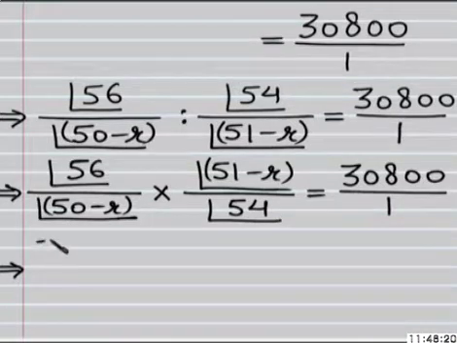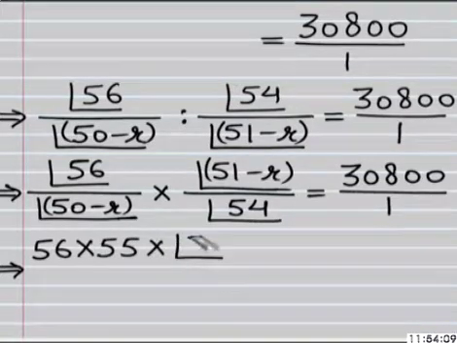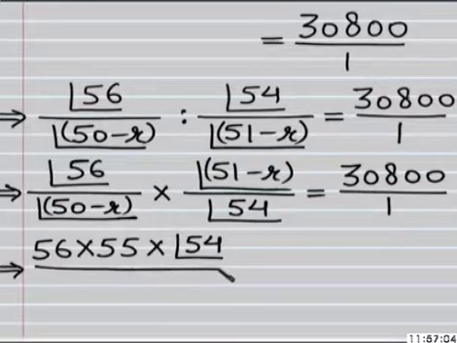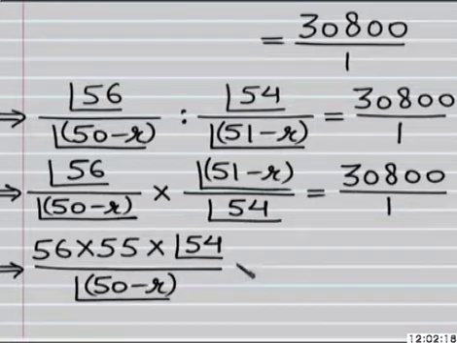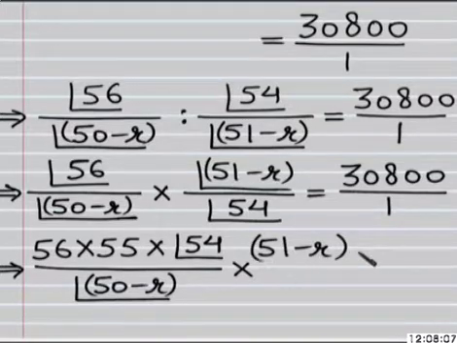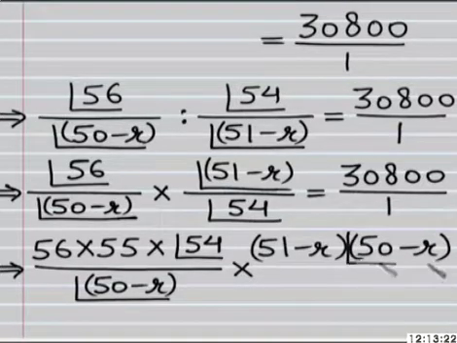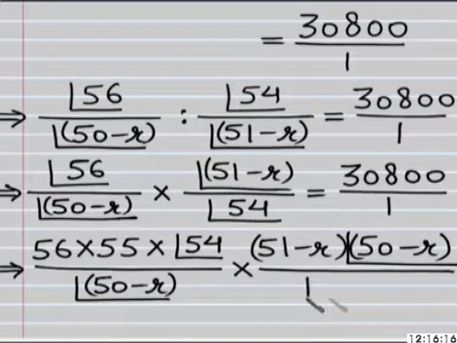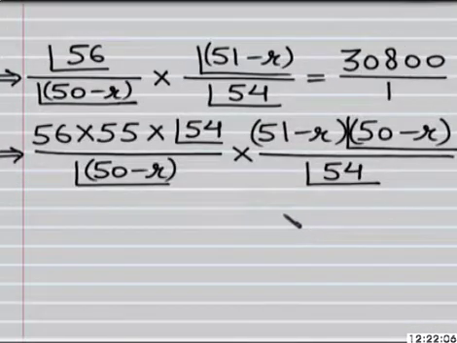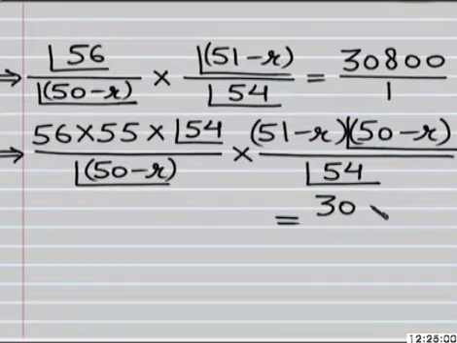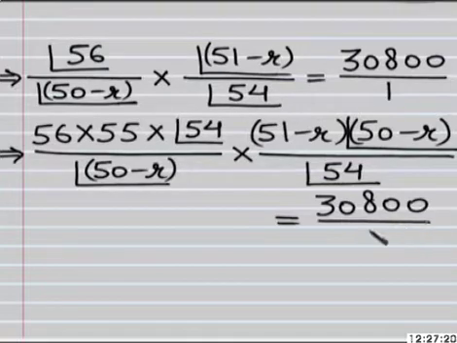This implies 56 into 55 into 54 factorial whole divided by (50 minus r) whole factorial whole multiplied by (51 minus r) into (50 minus r) whole factorial whole divided by 54 factorial is equal to 30,800 upon 1.